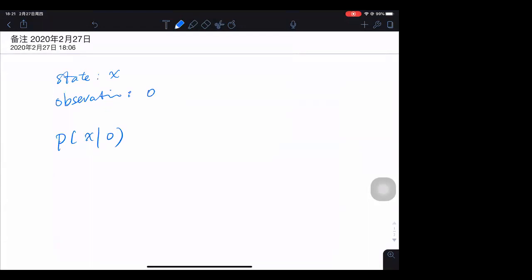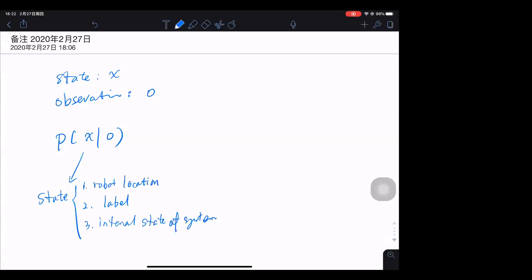We want to know what X can be. A typical state can be the robot's location, or some labels for the detection problem, and also some inherent internal states of your system or control system. Basically, that's something valuable, and you want to infer this knowledge based on your observations, based on this O.